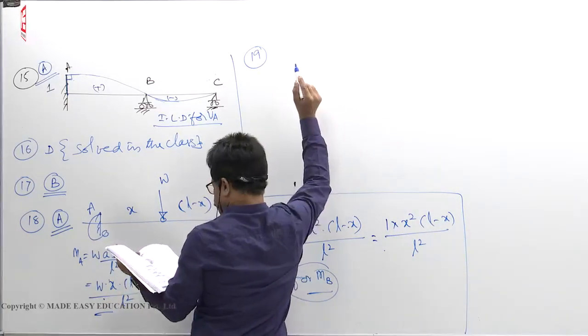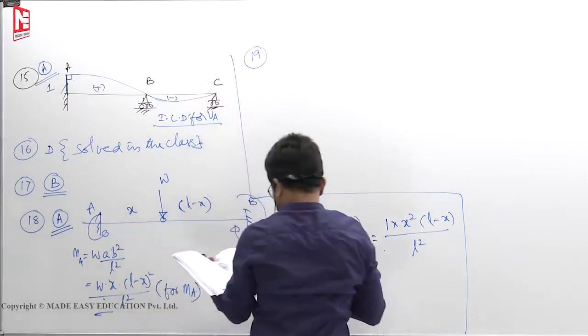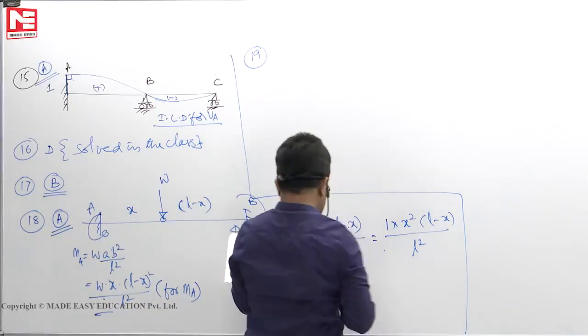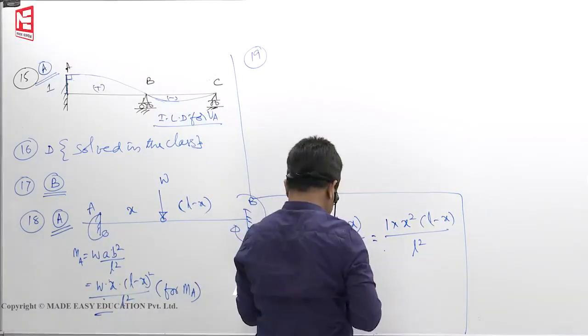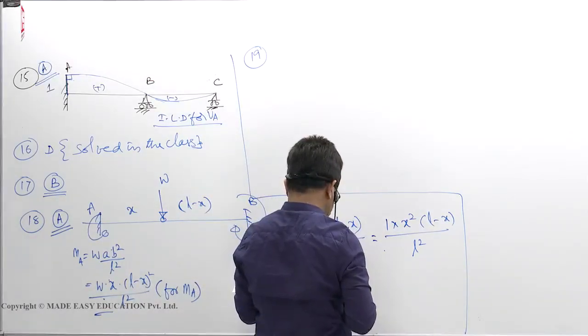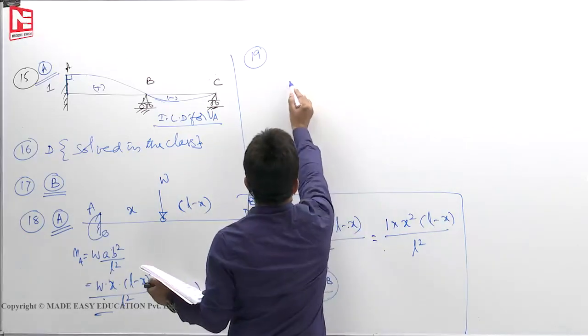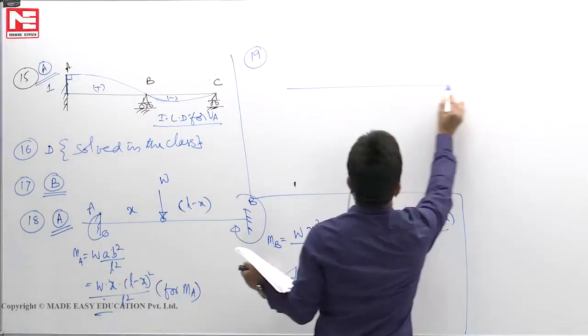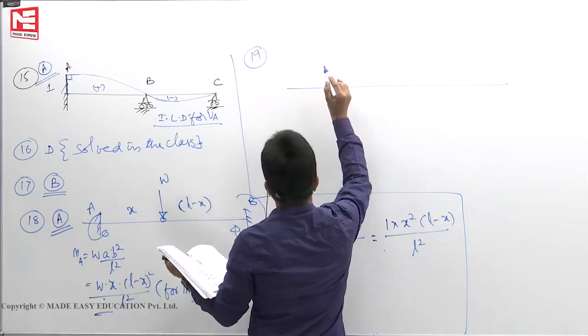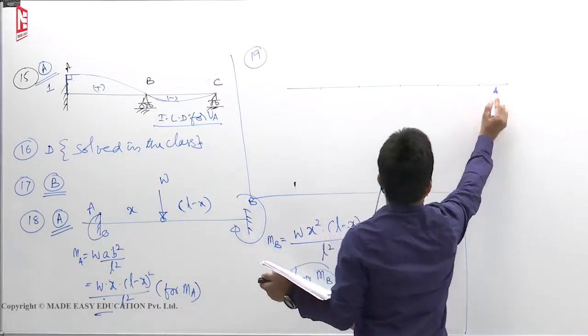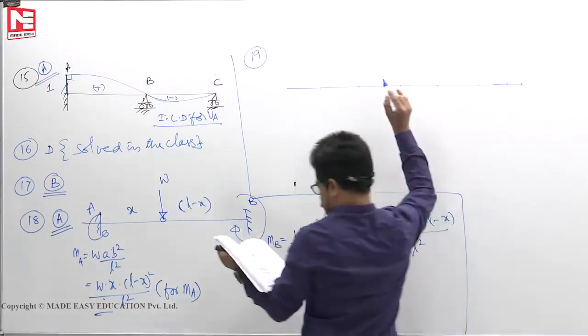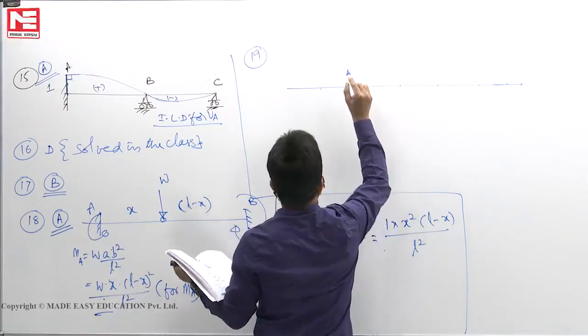Okay, 19th question. Truss panel dimensions 3 by 4 meters shown below. ILD for force in the member U2 L3. Now spans are 1, 2, 3, 4, 5, 6 spans. It's like this. And this height is 4 meters.